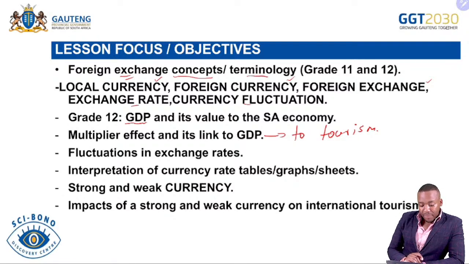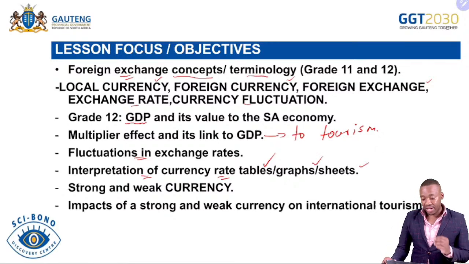Then we will move a bit to explaining what we call currency fluctuations, or the fluctuations of the different exchange rates that we have. From there, we will move to how to interpret the currency rate tables, how to interpret the graphs, and also how to interpret the currency rate sheets.